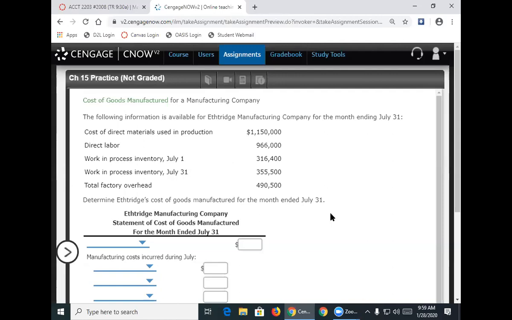So again, it's the same way you balance the materials account, right? You're going to add up all of your debits, subtract out your ending balance. So what is my cost of goods manufactured? Very good. 2,567,400.